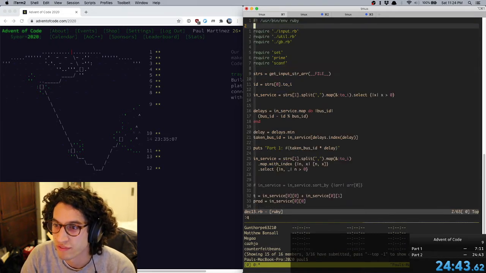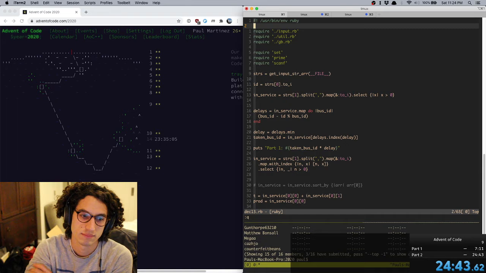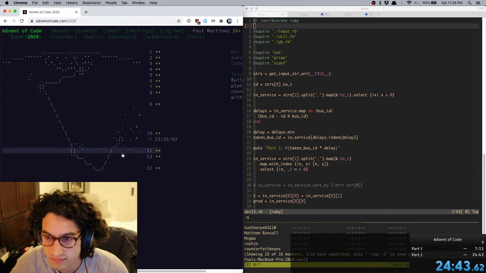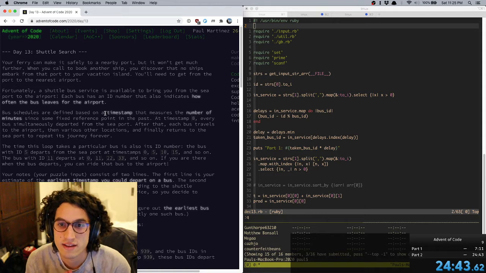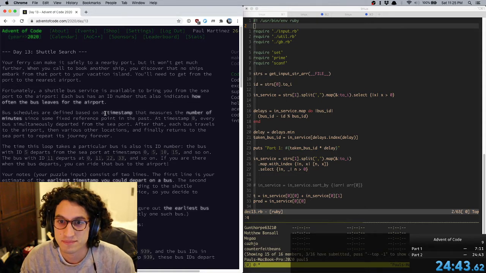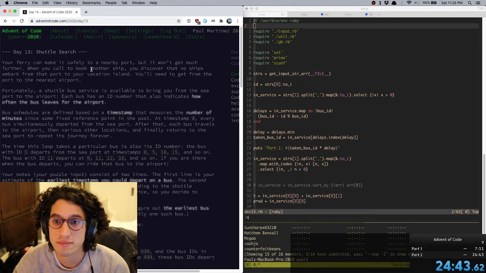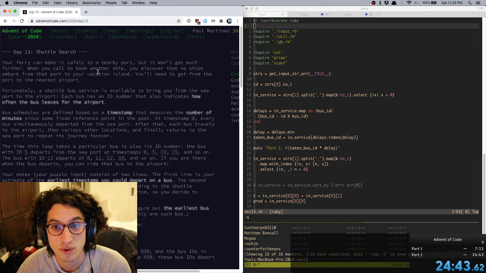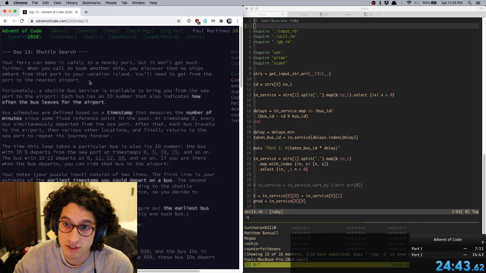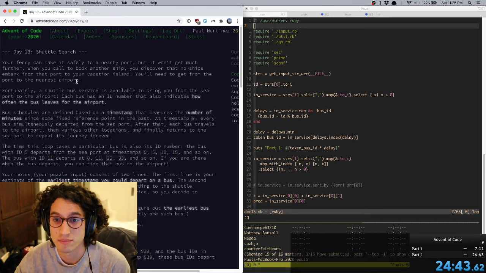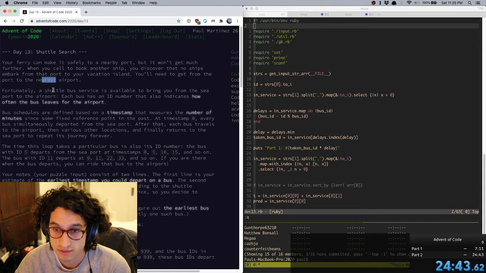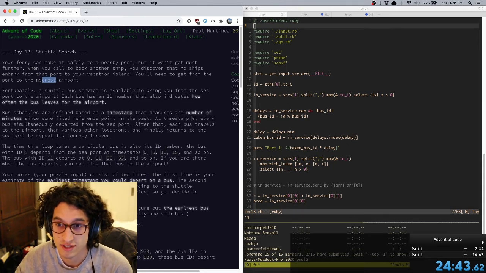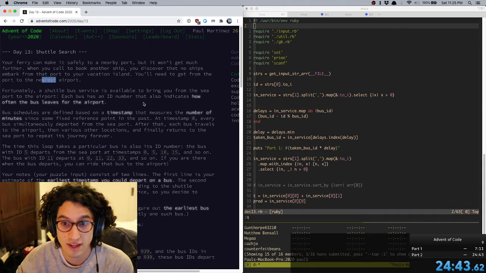All right, let's review. Day 13. This was an interesting one. Shuttle Search. Your ferry can make it safely to a nearby port, but it won't get much further. When you call to book another ship, you discover that no ships embark from that port to your vacation island. You'll need to get from the port to the nearest airport. Fortunately, a shuttle bus service is available to bring you from the seaport to the airport.